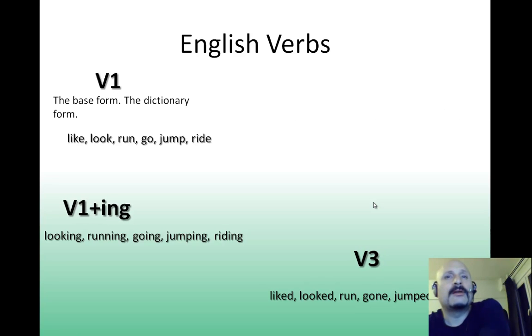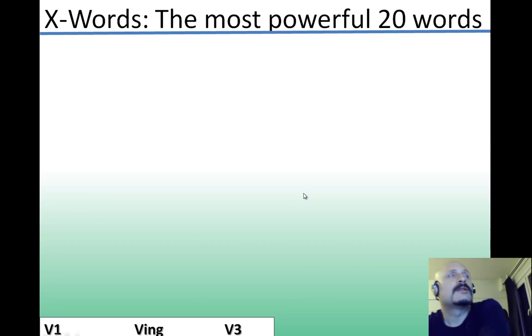Now, when we use helping verbs with another verb, we use these 3 forms. We either use verb 1, verb ing, or verb 3. Those are the only 3 endings, or the only 3 parts of the verb that go with the helping verbs.